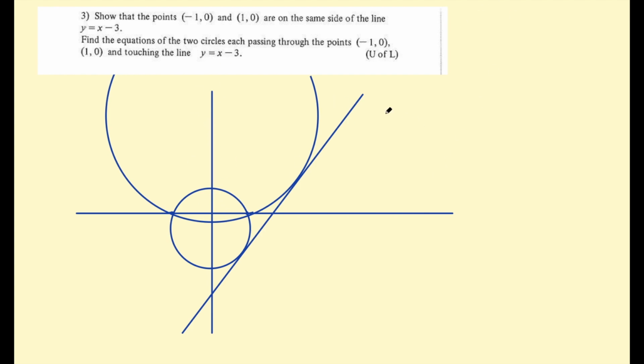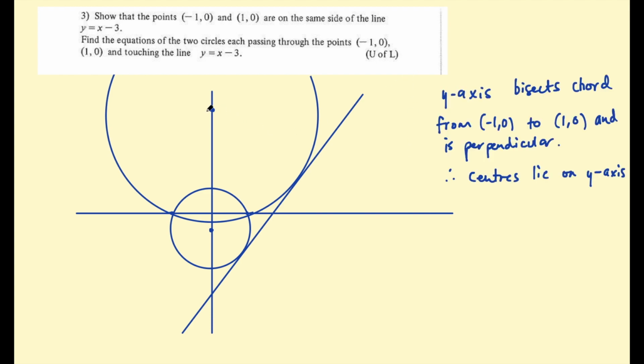And as I was saying, the first thing we can note is that we have this chord here from negative 1, 0 to 1, 0. And the y-axis bisects that chord and is perpendicular to that chord. So the y-axis must go through the center of both circles. So we know already that the center of both circles lies on the y-axis. So let's make a note of that.